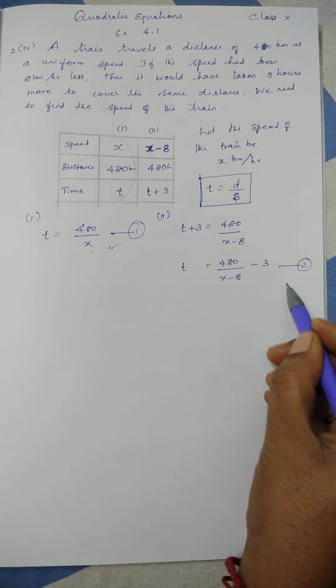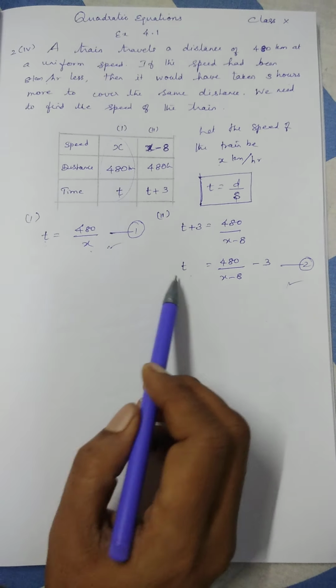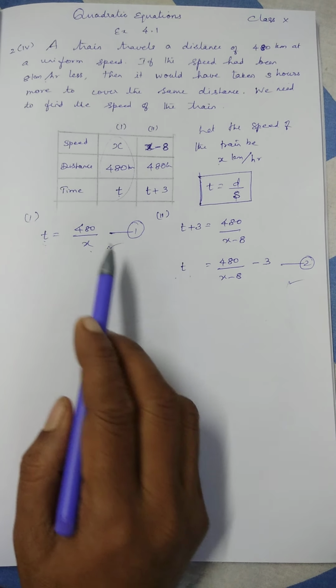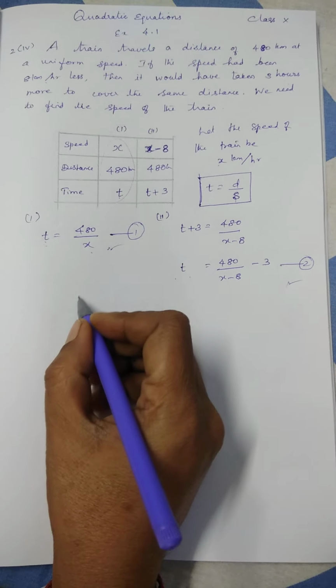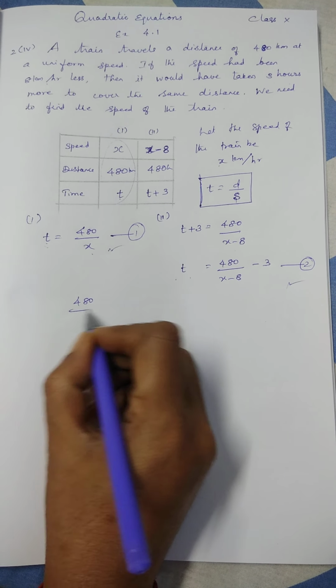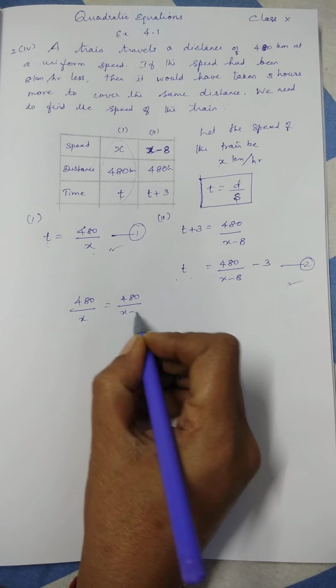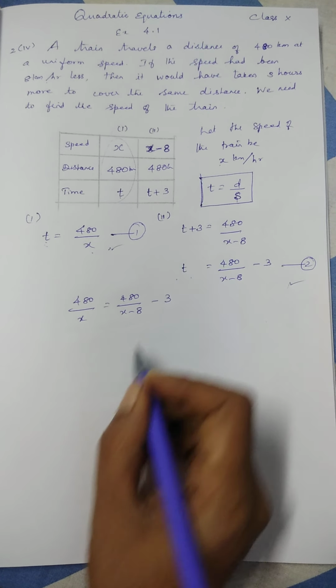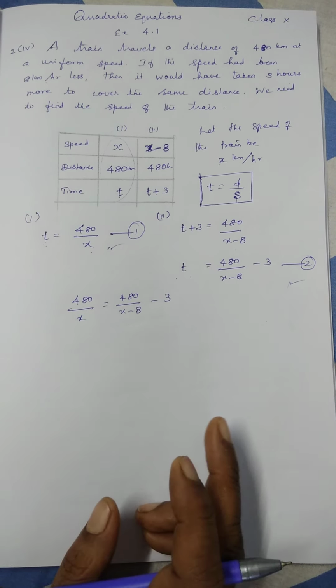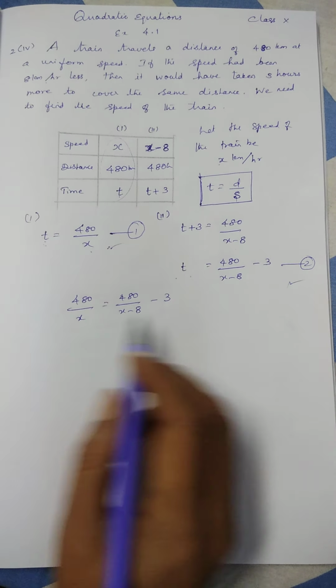Comparing the first equation and second equation, the left hand side is equal, t. So let me compare the right hand side. 480 by x is equal to 480 by x minus 8, minus 3. So we got the equation in x.